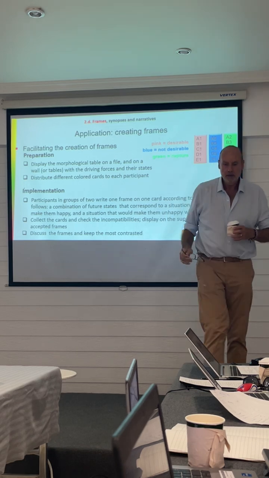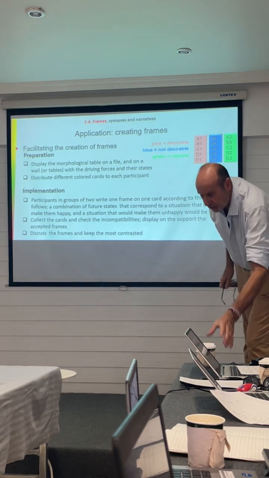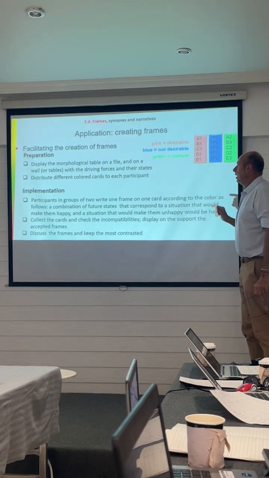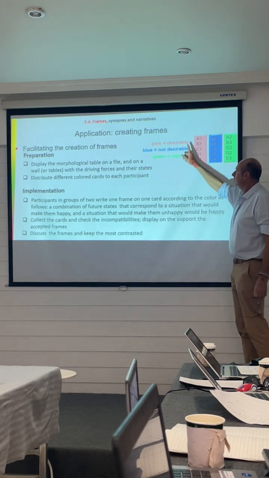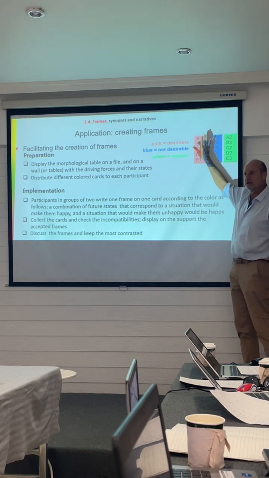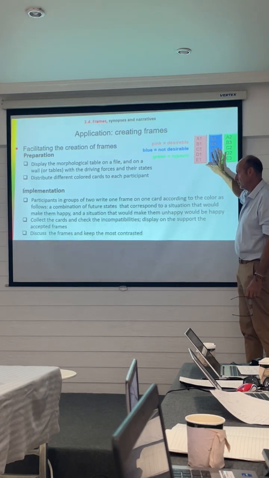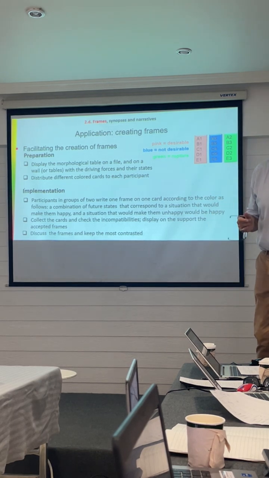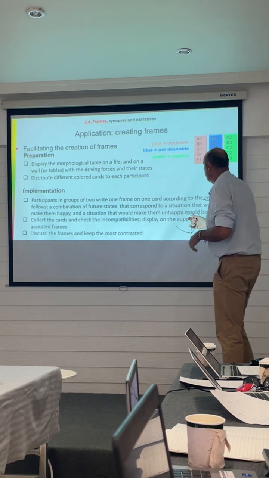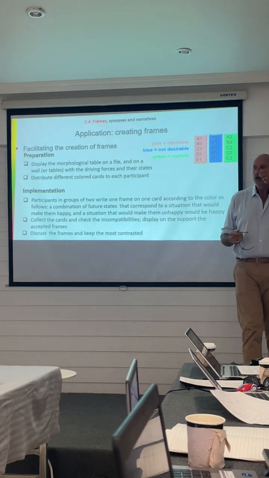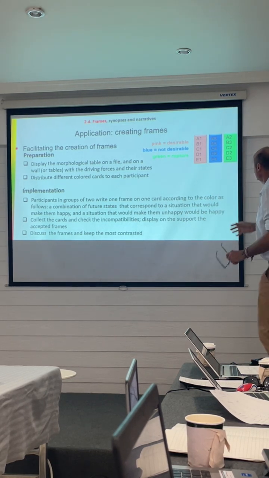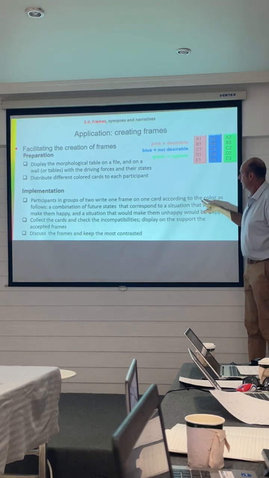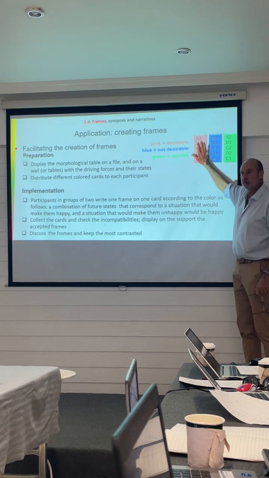Now, when you do the workshop, you will give colored cards to each participant. There will be one card for one different type of combination. So you give the colored card to the participants, and we ask them to write a combination like this one, for example, a vertical combination, according to the color of the card.